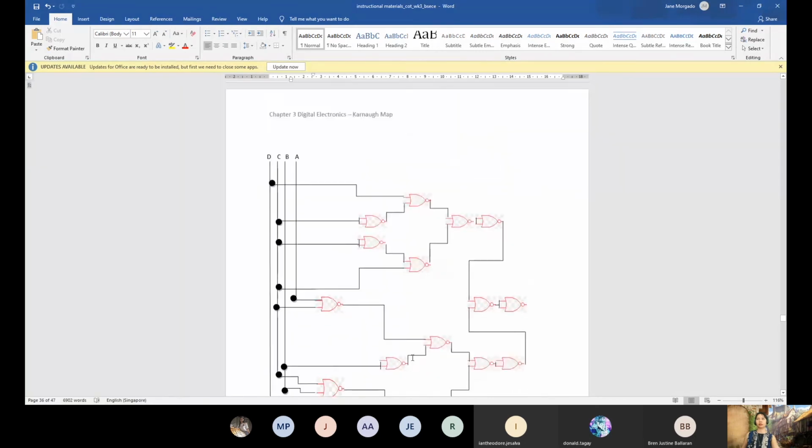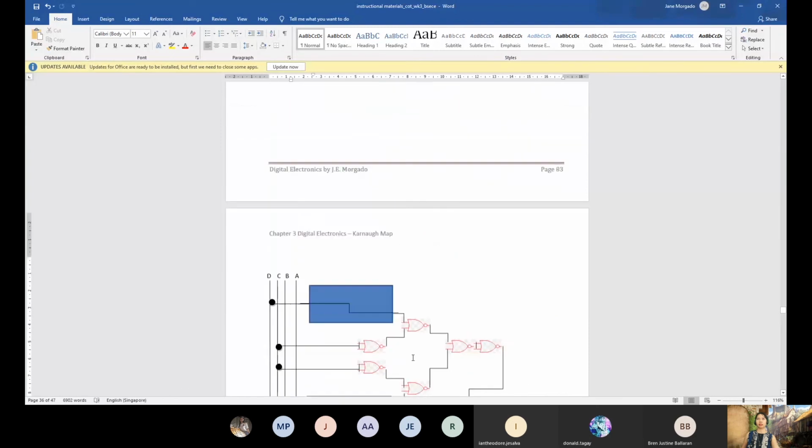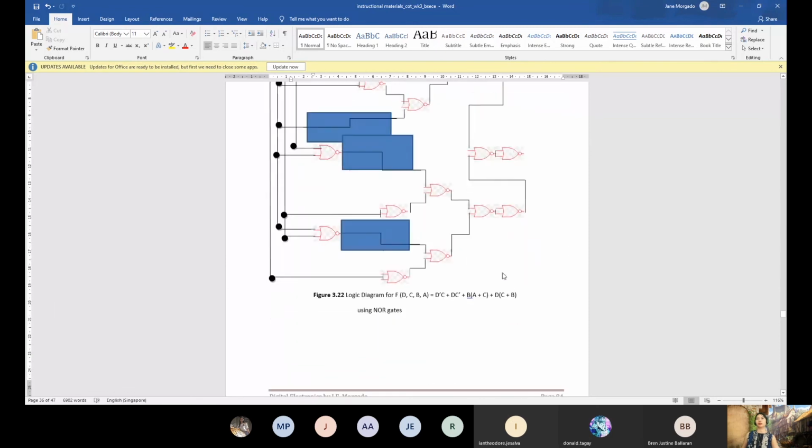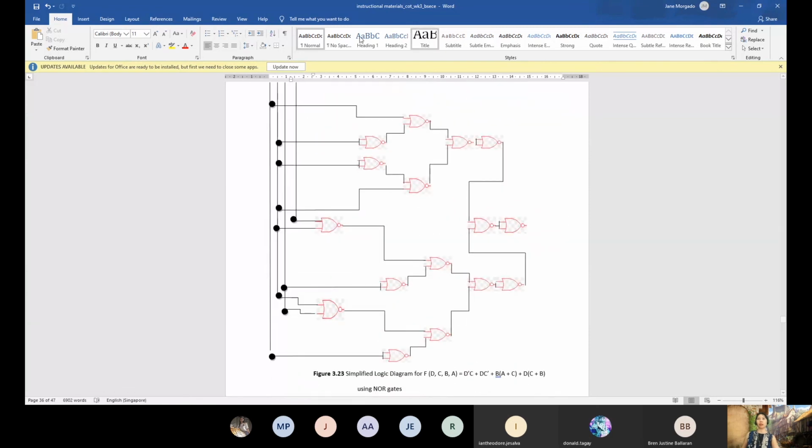How many gates? There are originally 24 gates, if my counting is right. From 24 gates down to 16. So we're left with 16.